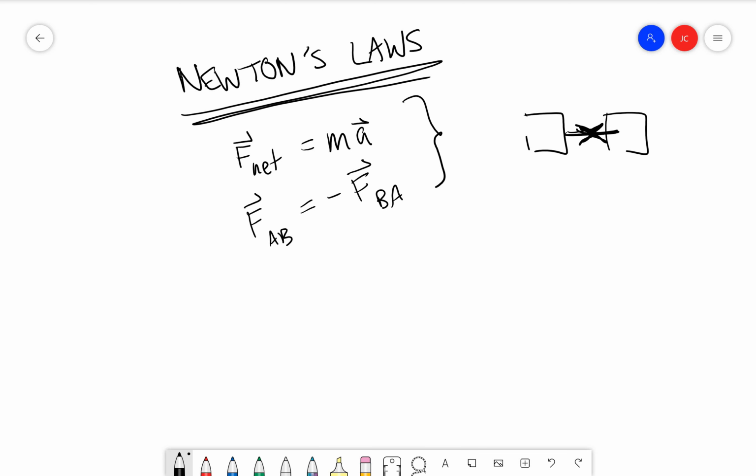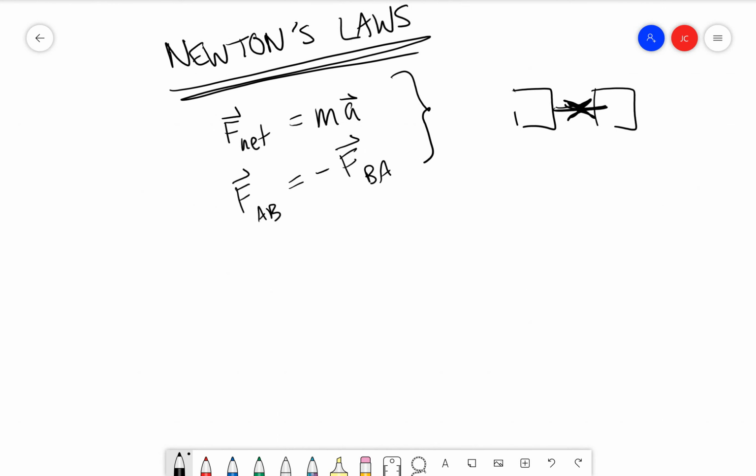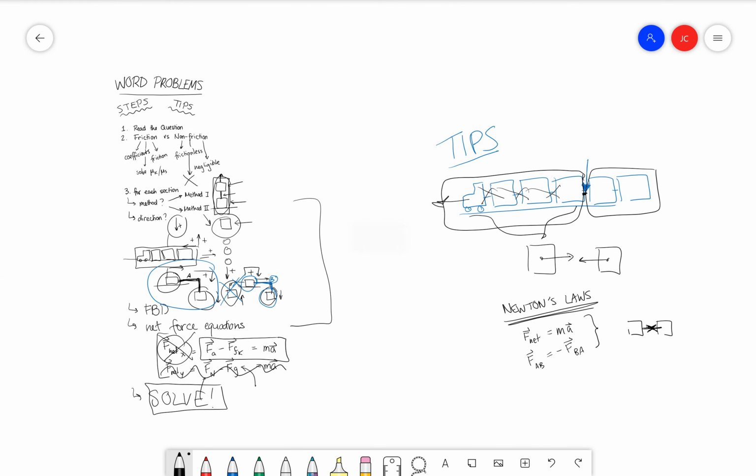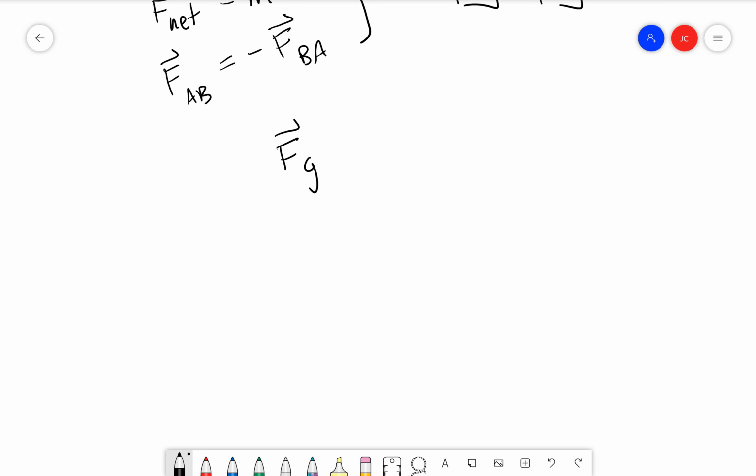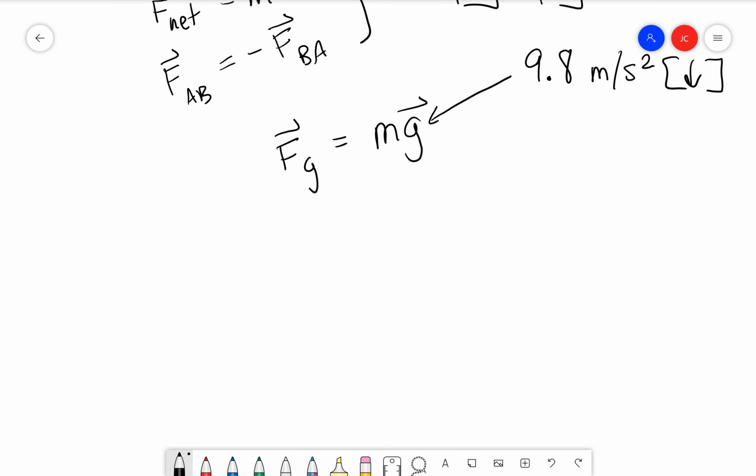Remember Newton's laws. In the same vein as Newton's laws, remember this really useful equation right here, which is that the force of gravity is equal to the mass of the object times acceleration due to gravity. And we know that acceleration due to gravity is 9.8 meters per second squared down in probably every question you're going to be doing.